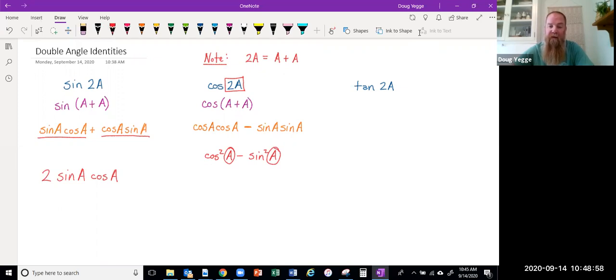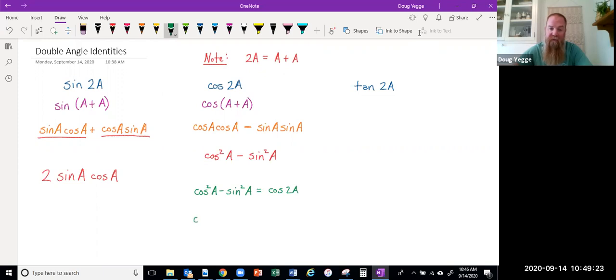So now I'd like to just show that this is much different than something that it looks similar to. Notice that this is saying that cosine squared of a minus sine squared of a is equal to cosine of that double angle, of the angle that's twice as much as a.